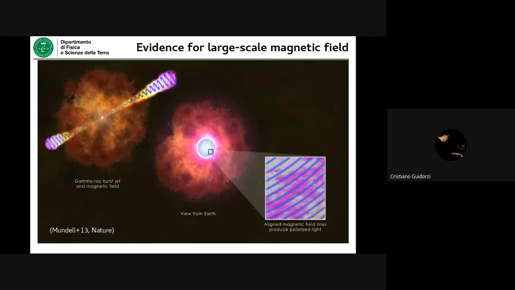We know from basic physics that when you have some turbulent medium, you can have some magnetic field just due to the turbulent motion of charges. In this case, there's nothing like that. So the progenitor star, the star that is working there, must have the capability of making a large-scale magnetic field.